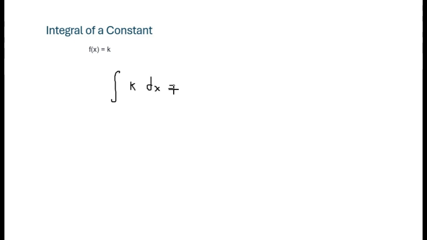In that case, we just have to place the constant k and the variable, and don't forget the plus c. And the plus c, as we saw previously, is the constant of integration. So this is the most basic rule of integration, the integral of a constant.